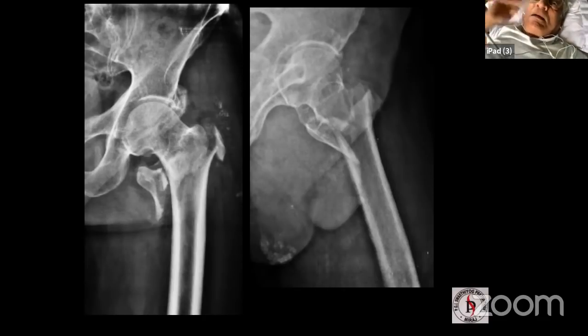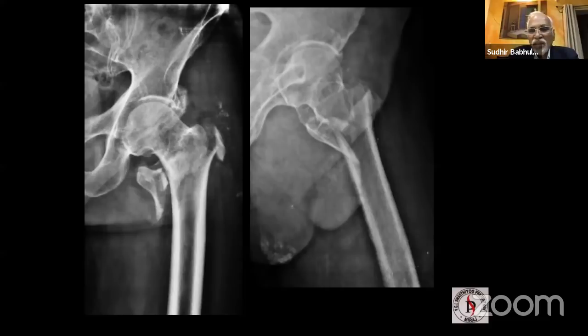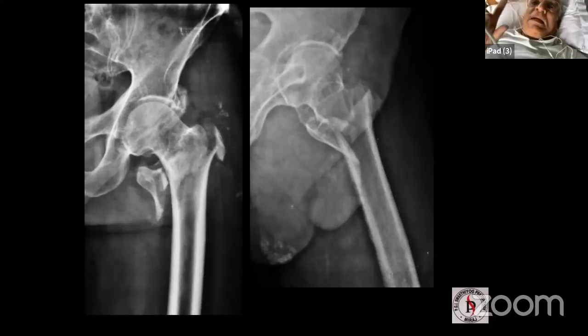I saw him professionally, and he was also seen in Jamnagar by VM Shah. Ultimately, he underwent a valgus osteotomy after the fracture healed. Once the valgus osteotomy was done, he said, okay, now I'm perfectly normal. I can run about, I can move about, I can do everything.